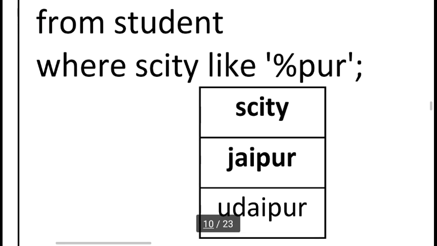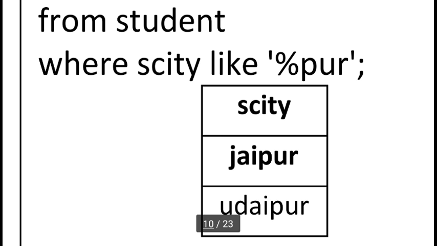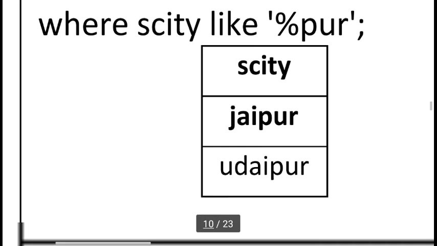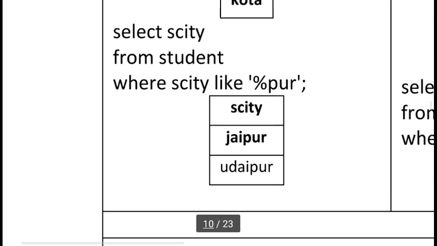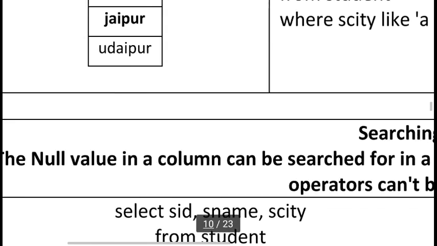You can see that in the last, pur is available. Only Jaipur and Udaipur will come in the result, because pur at the end is compulsory, but before it anything, like Jai and Uday.